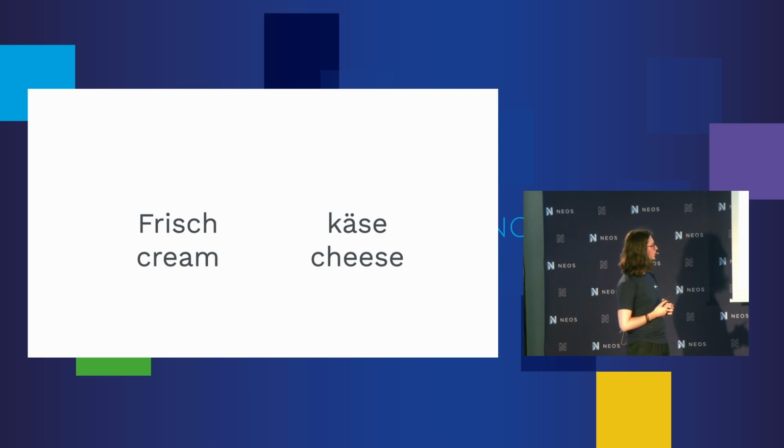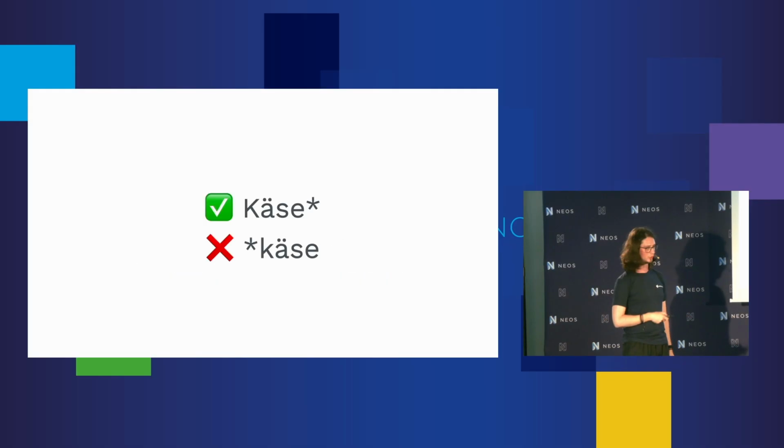Well, your database, your full text index, will not find your Frischkäse when you're searching for Käse, because in most database engines, you're only got a prefix search and not suffix search, or even in the middle search. What that means is, when you're searching for Käse and your word starts with Käse, everything works fine, but as soon as the word cheese, Käse, is at the end of the word, there are no hits.